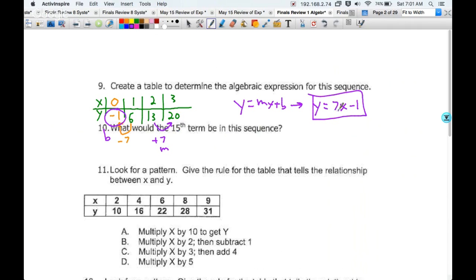I can just plug 15 in for x. y equals 7 times 15 minus 1. 7 times 15 is 105. So 105 minus 1, which equals 104 for the 15th term. So much easier to use the formula than to try to just keep listing these out all the way to the 15th term.